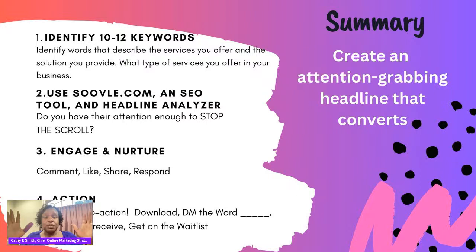But basically, metadata is behind the scenes on how people find you if you have a website.